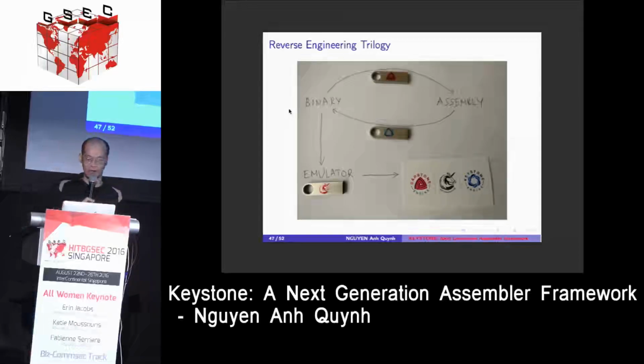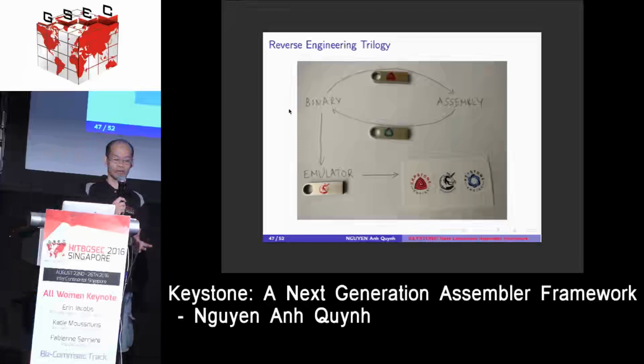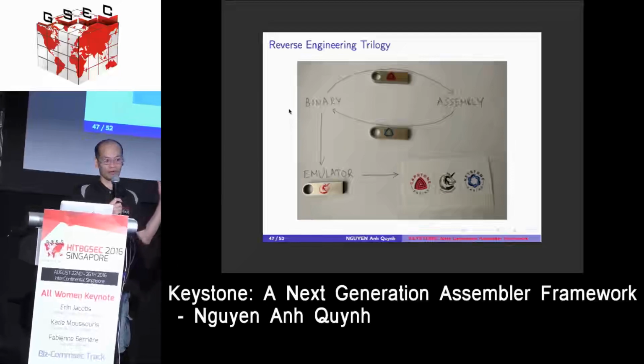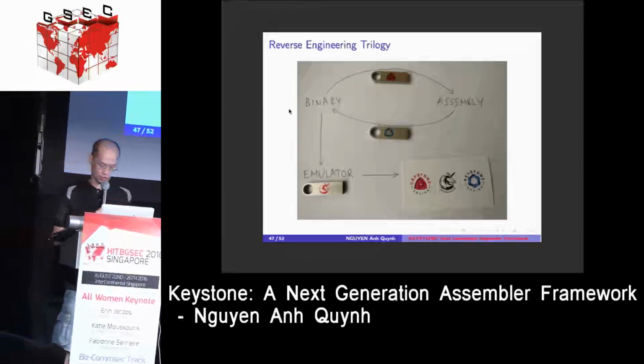All of them, Capstone, Keystone, and the emulator, are open source, multi-architecture, multi-platform, multi-binding, and they function independently, but together they make a complete set of frameworks. They complement each other very well. So far more than 200 applications are built on top of these 3 frameworks, and we call them the reverse engineering trilogy. In the future, I still expect a lot more innovative work from the reversing community built on top of the trilogy.